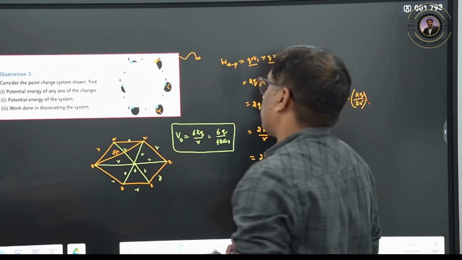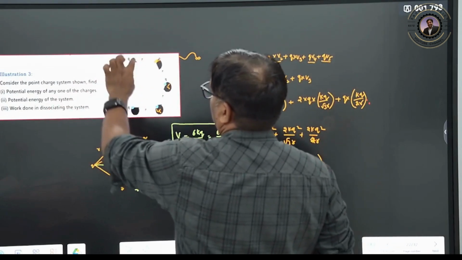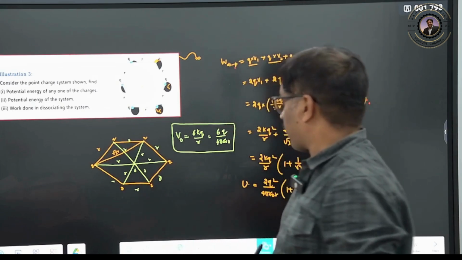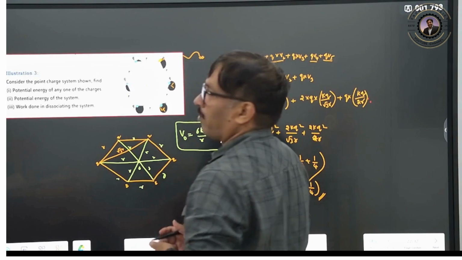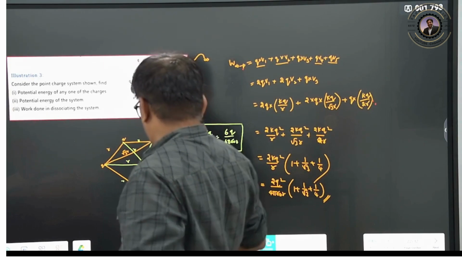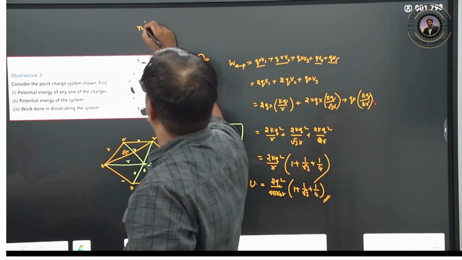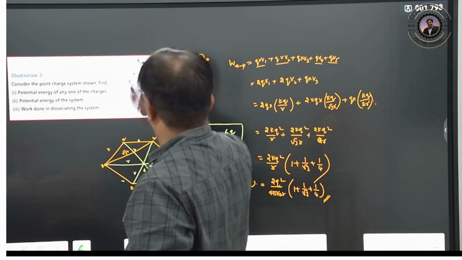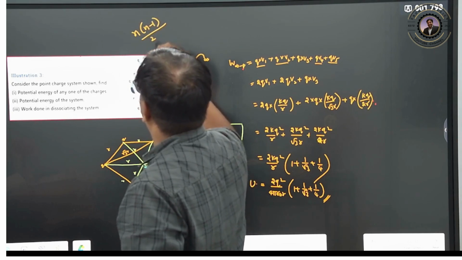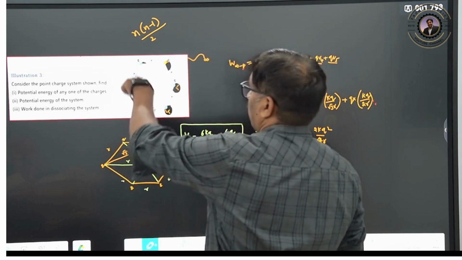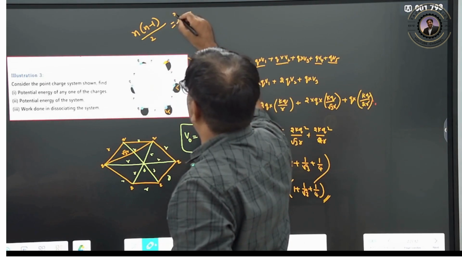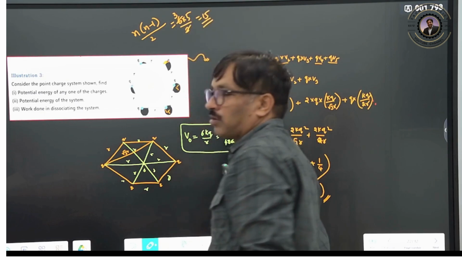Here the number of possible combinations we can write as one formula: n into n minus 1 by 2. Here how many are there now? Totally 6, so 6 into 5 divided by 2, that is 15. So totally 15 combinations are possible.